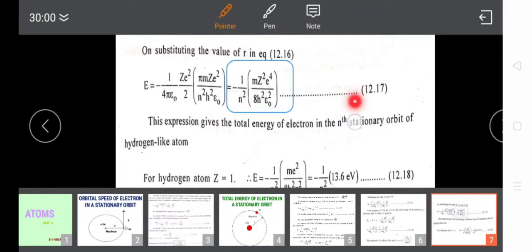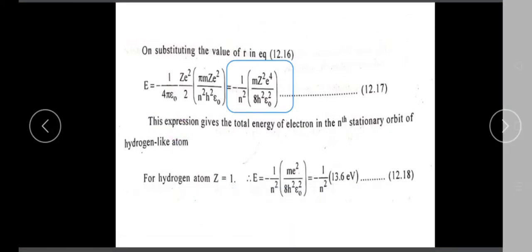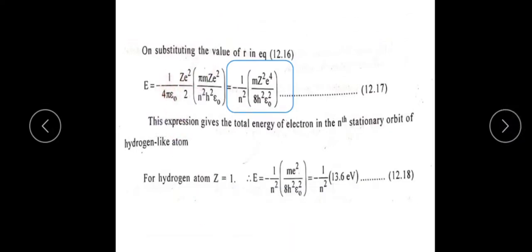On simplification, 4 pi epsilon is here, pi and pi get cancelled, then 4 into 2 becomes 8, and we write 1 divided by n square. The minus sign we keep as it is.